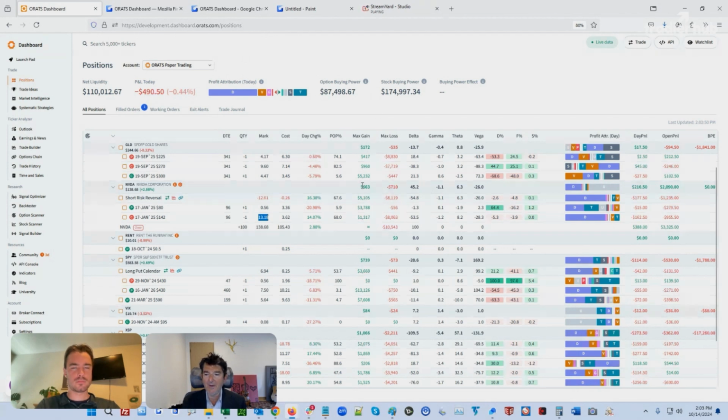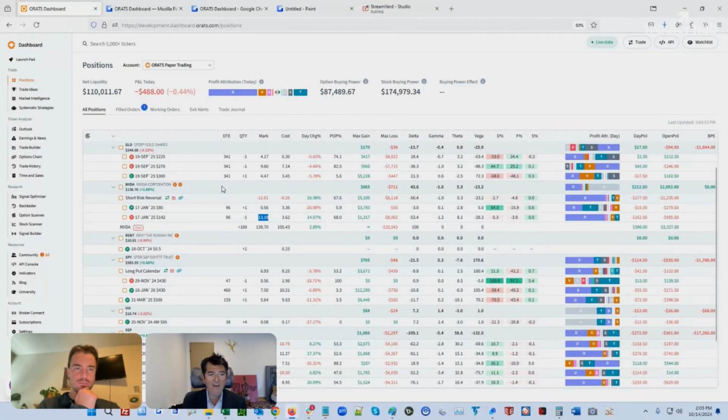So what we try to do at ORATS is present theoretical values in order to help not only value your portfolio, but when you're trading, you can check out what the various theoretical values are. You can compare those to your trades, and it helps you in various ways.